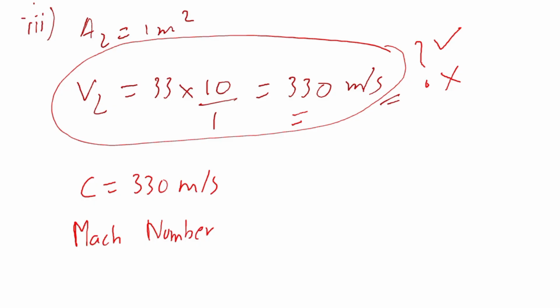Mach number is essentially the ratio of the velocity of the aircraft or the fluid divided by the local speed of sound. So if your velocity in this case is 330 divided by the speed of sound, you are at Mach 1.